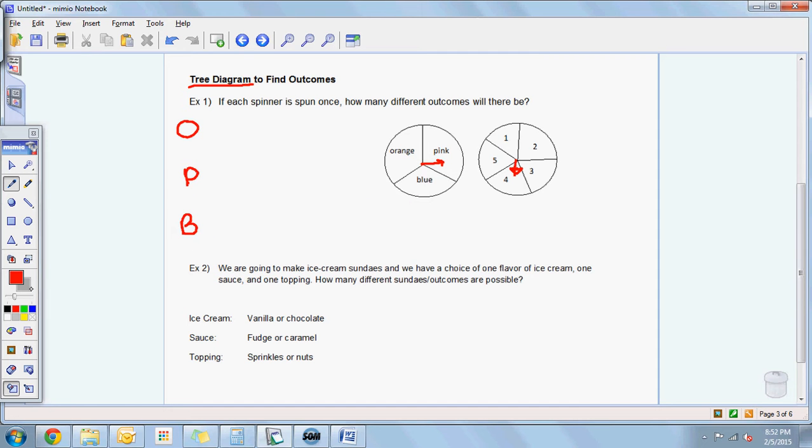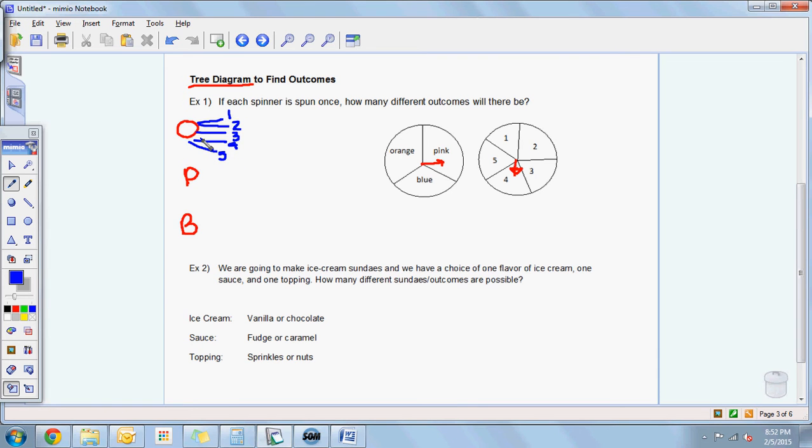Okay? Then on the second spinner, I have 5 different outcomes, so I'm going to make like a tree branch off of each one of the first spinner. I'm going to have a 1, I could spin a 2, I could spin a 3, a 4, or a 5. Okay, so just to give you an example, I could spin an orange and a 1, orange and a 2, orange and a 3, orange and a 4, orange and a 5.